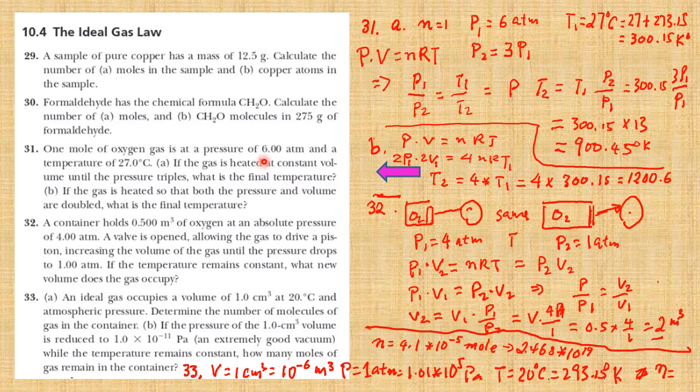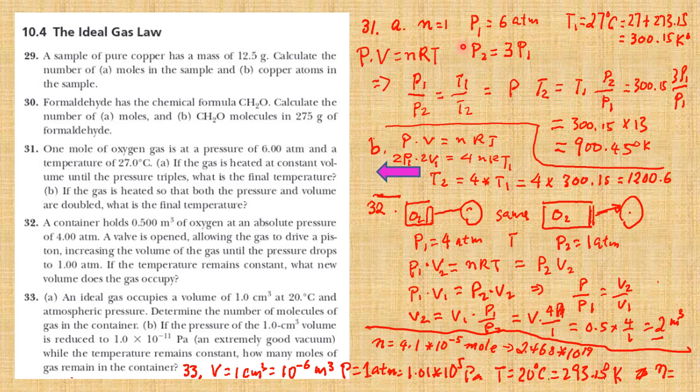So 6 atmospheres of pressure to start, and then the final state will be a higher pressure and obviously a higher temperature. How do you solve this question? Back here, PV equals nRT should always hold true, and the ending point is always the same.